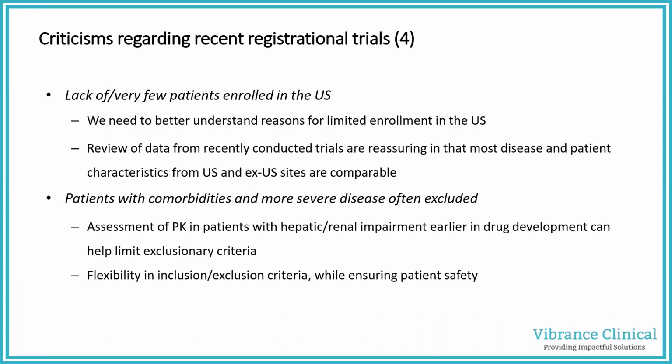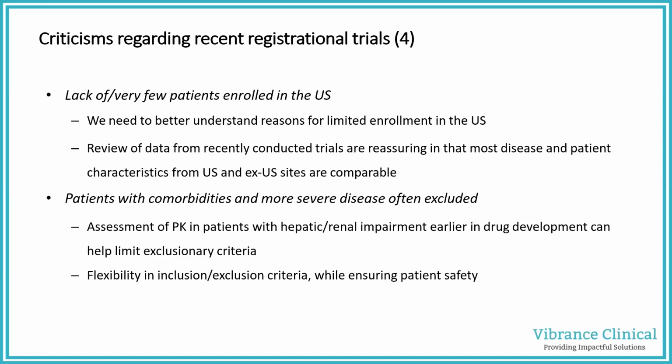Patients with comorbidities and more severe disease are often excluded. Assessment of PK in patients with hepatic or renal impairment early in drug development can help limit exclusionary criteria. When we get into the design of the studies, where we look at the protocols and define inclusion and exclusion criteria, sometimes we also look at the PK in patients who have hepatic and renal impairments.